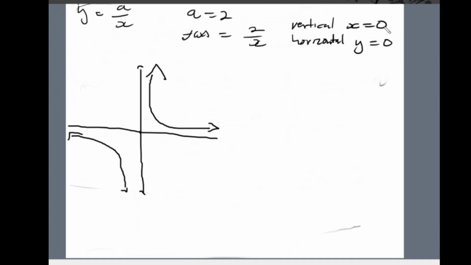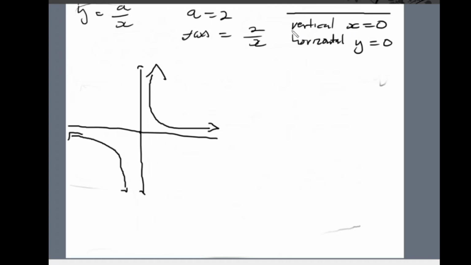So whenever they ask you to write down the equation of the asymptotes, you have to write down, depending on the question. Let's say the question says write down the equation of the asymptotes. They don't specify if you write down the equation of the vertical or horizontal asymptote. Then you will have to write both equations.